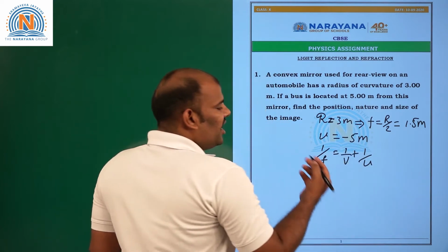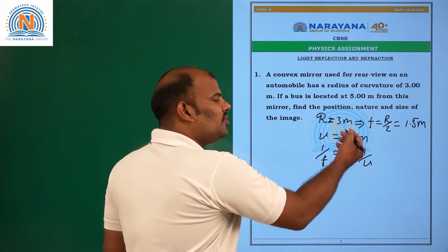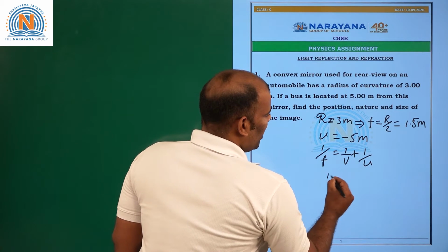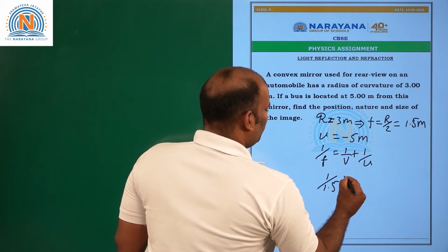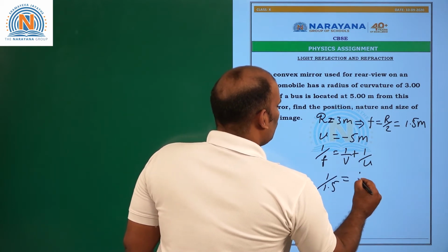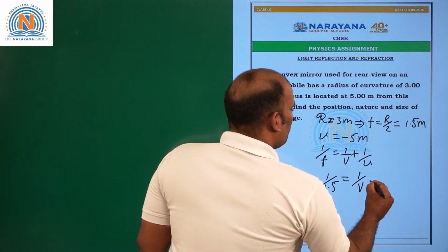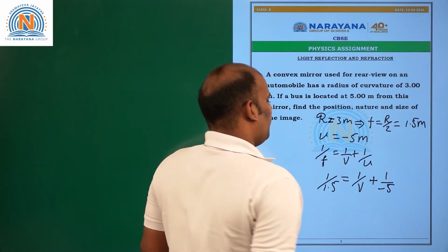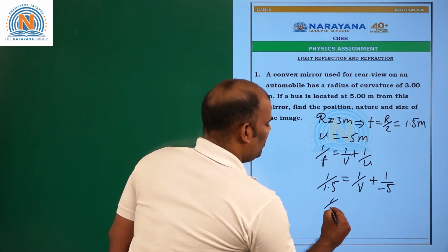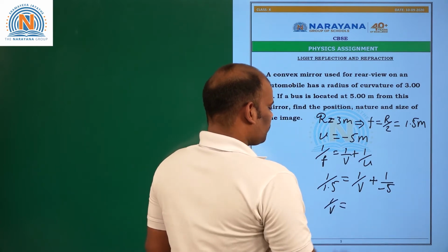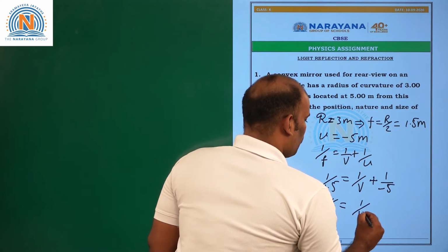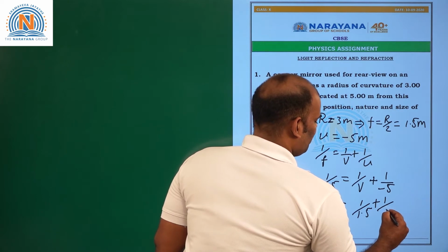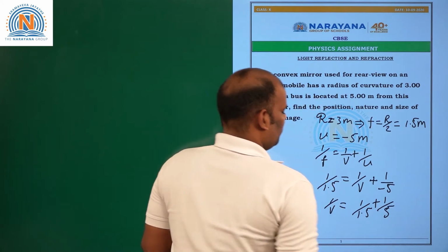So you can find image distance. Substitute these values in this equation. So 1 by 1.5 is equal to 1 by v plus 1 by minus 5. So 1 by v is equal to 1 by 1.5 plus 1 by 5.